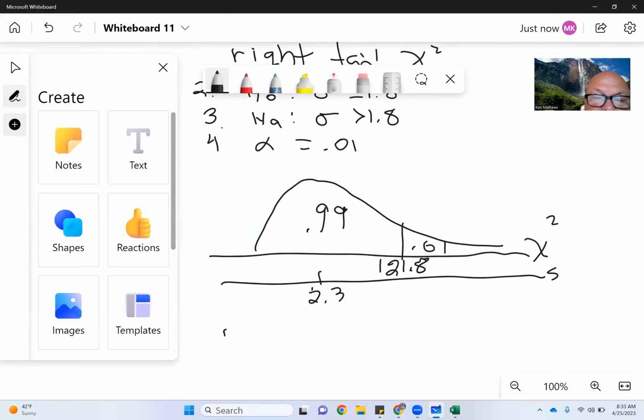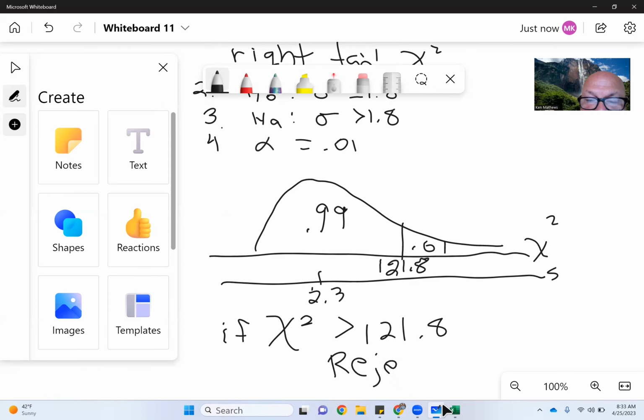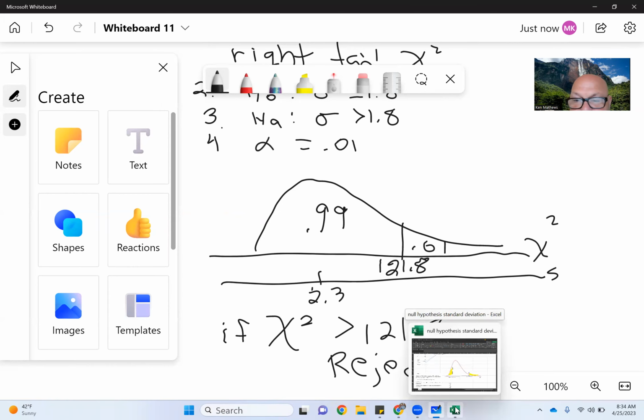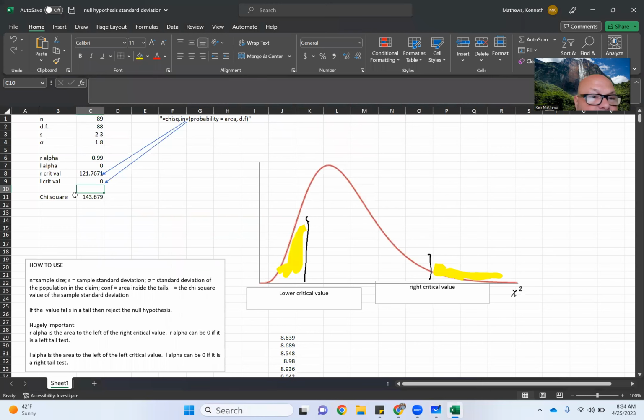Now, if that chi-square value is bigger than 121.8, we reject the null hypothesis. And the converse is also true. If the chi-square value is less than 121.8, we're going to fail to reject. But I'm not going to write all that because you know that already. All right, let's go find out our chi-square value. Our chi-square value is 143.7.